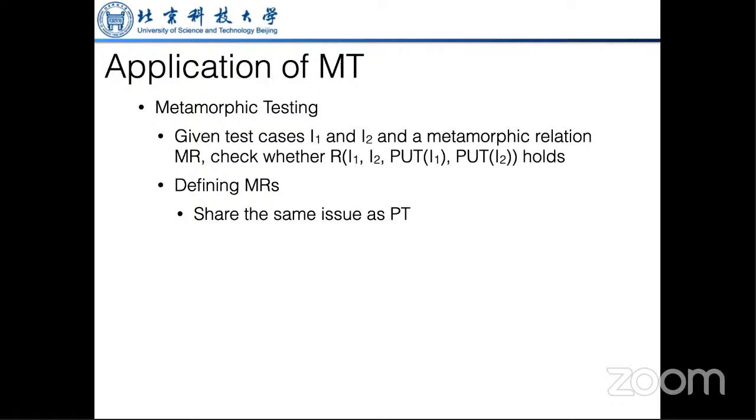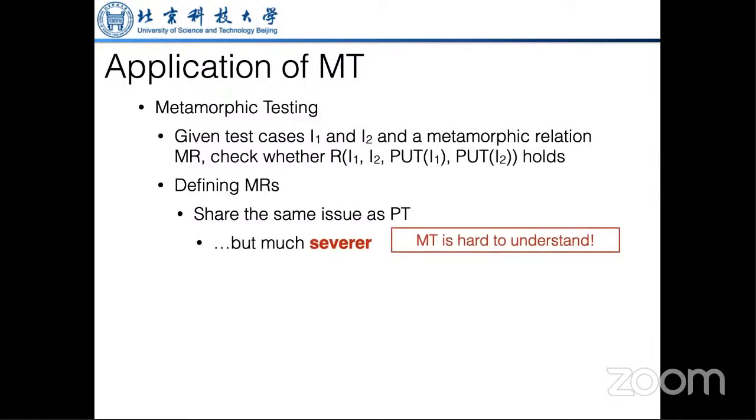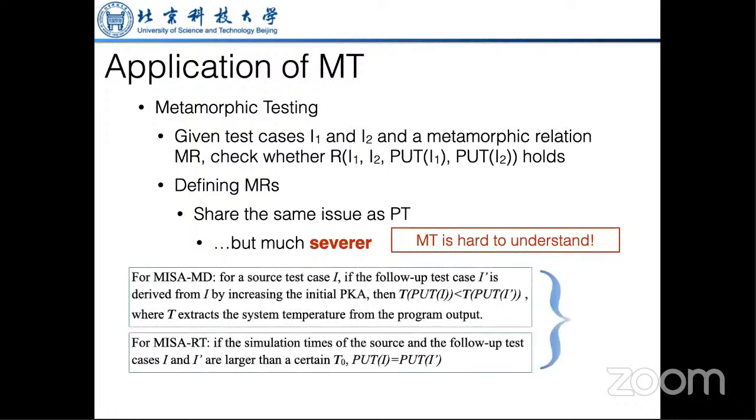We encountered the same difficulties as we faced in property-based testing, but the situation is worse. We find that metamorphic testing is much harder to be understood by domain experts and HPC developers. However, without their help, we cannot identify good metamorphic relations. In our practice, we identified 10 metamorphic relations.